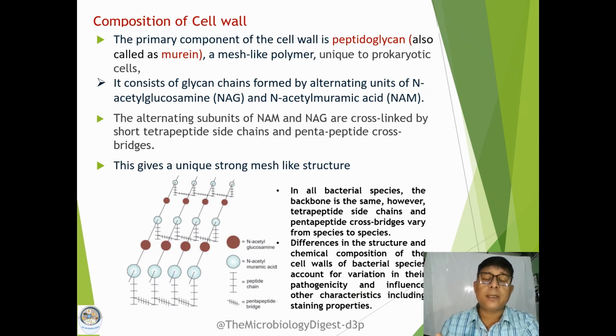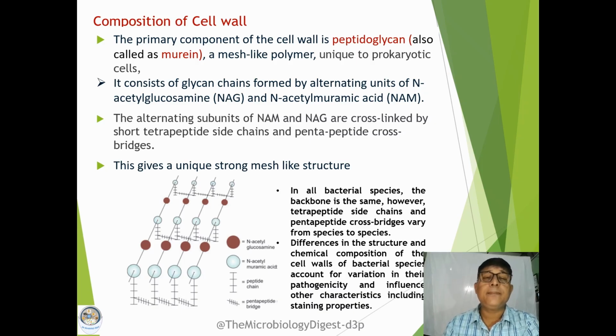So these two subunits exist in repeating, alternating units of NAM and NAG, and these alternating units are cross-linked by tetrapeptide as well as pentapeptide cross bridges to give a mesh-like structure to the cell wall.